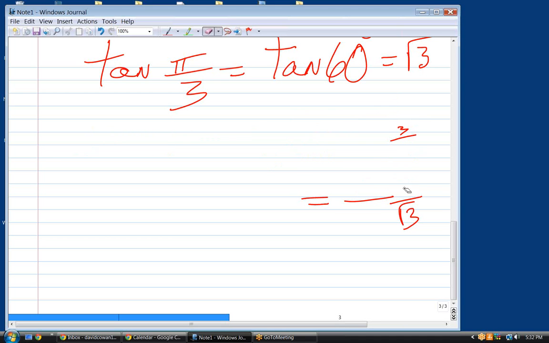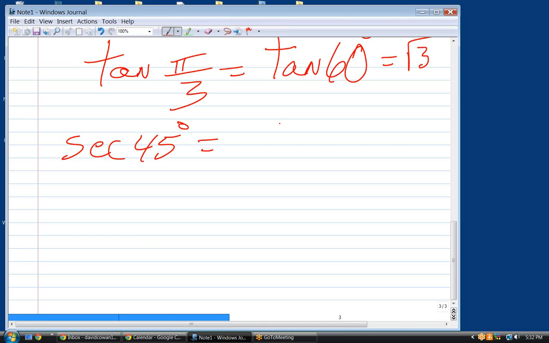Secant pi over 4. So secant of 45 degrees. The reciprocals are really important to get memorized as quickly as possible. But 45 is pretty easy. It is, but it's still 1 over what? Root 2 over 2.